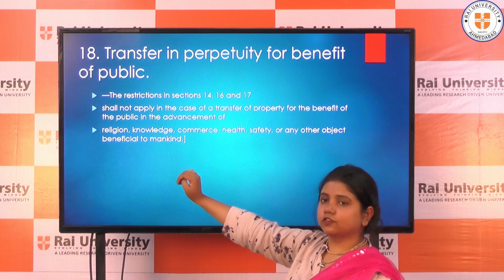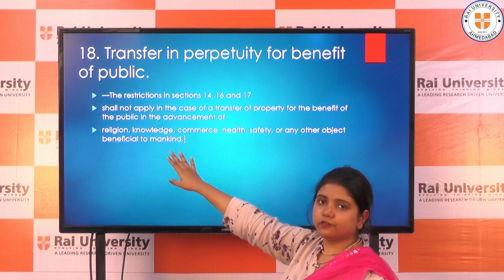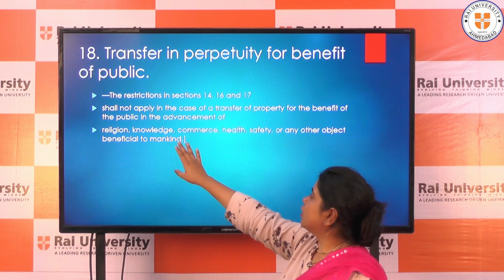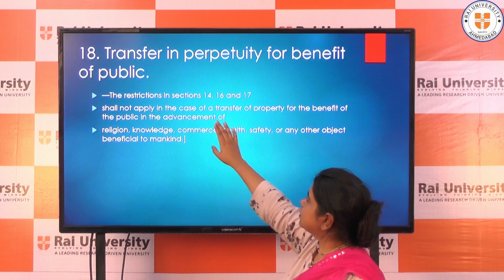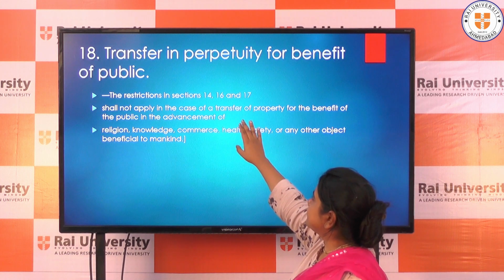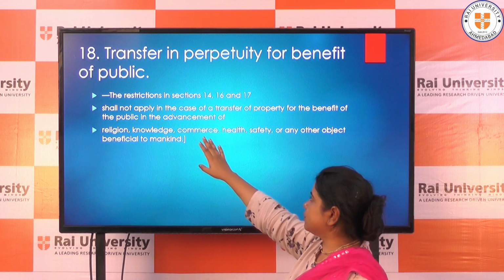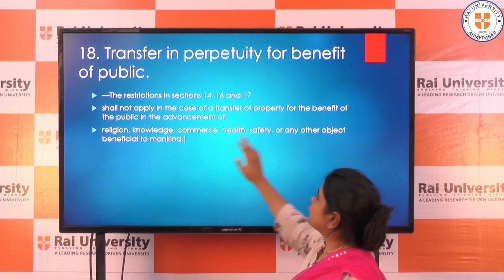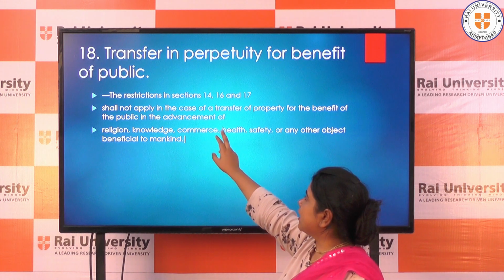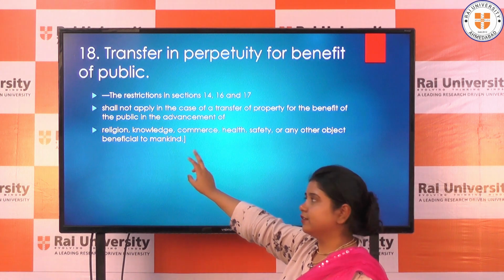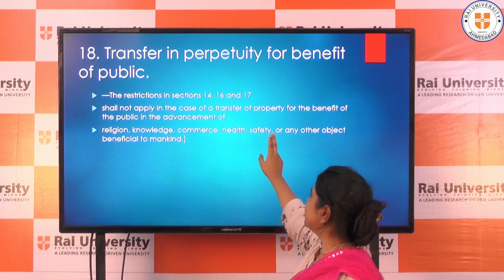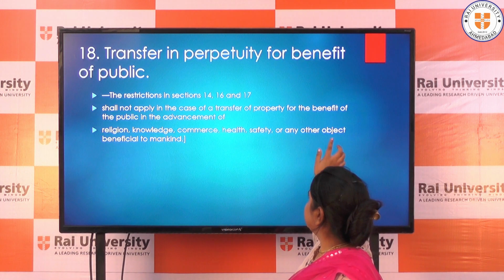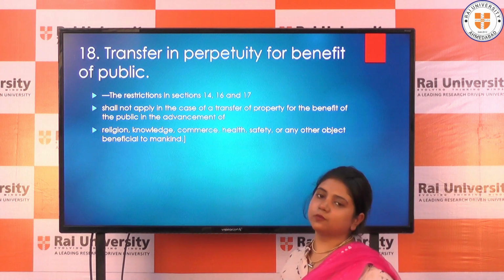In this slide you can see the Transfer of Property Act says that the restrictions in sections 14, 16 and 17 shall not apply in the case of a transfer of property for the benefit of the public in the advancement of religion, knowledge, commerce, health, safety, or any other object beneficial to mankind.